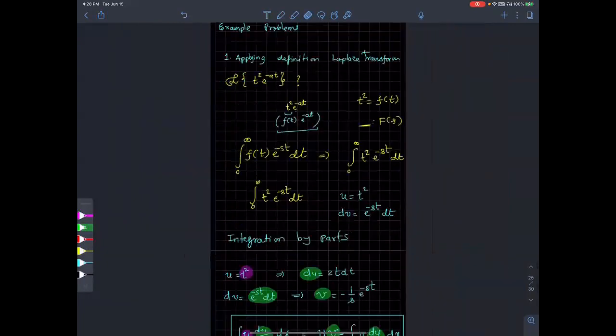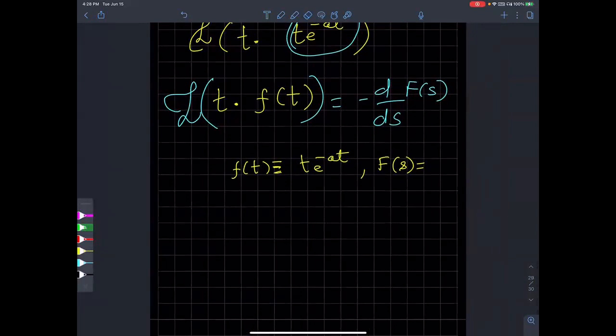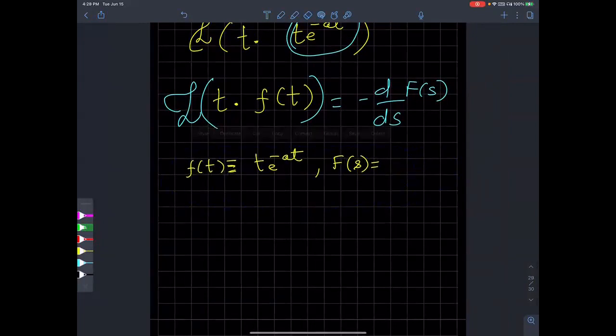Okay, so let me copy that. Now I have the function and I have F of s.